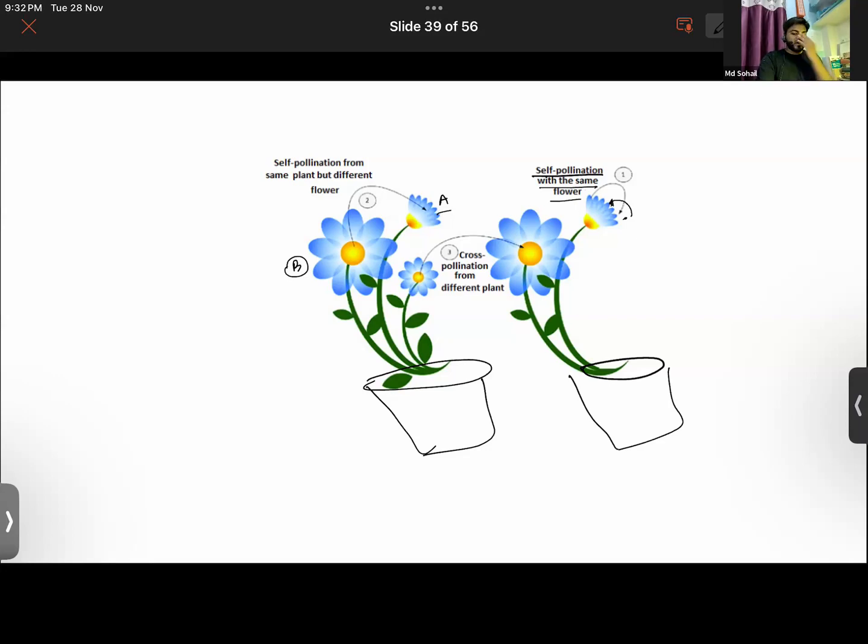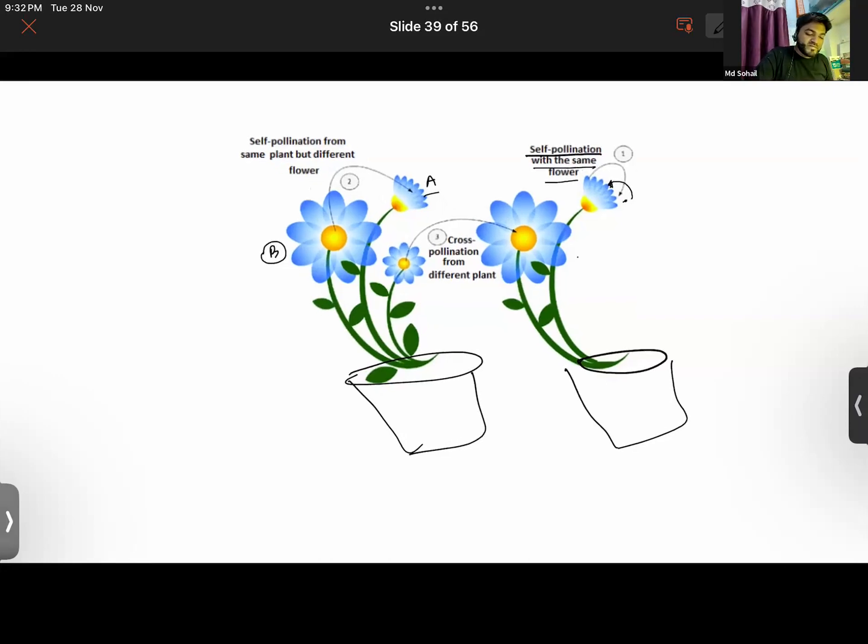Look here. Basically, pollination is a transfer of pollen grains, right? I don't get to decide whether it will happen or not. The pollination could happen from, let's say this is a marigold plant. Then you have the dandelion flower, right? Now what happens? The pollen grains from the dandelion could be falling on this as well.